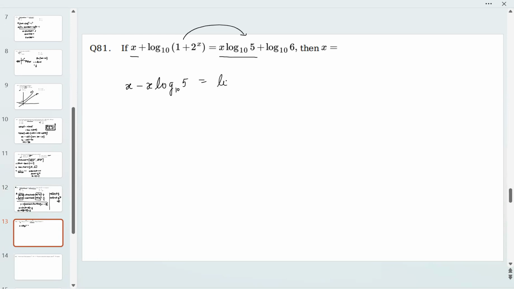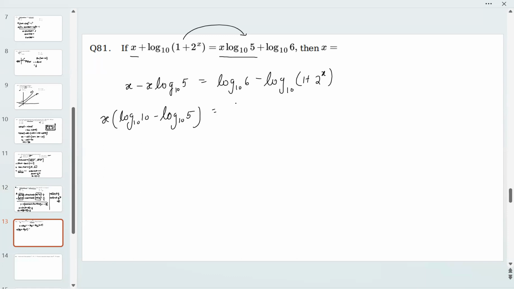So I will get log of 6 to the base 10 minus log of 1 plus 2 raised to the power x to the base 10. Here I can take x common and we will be left with 1. I can write 1 as log of 10 to the base 10 minus log of 5 to the base 10.